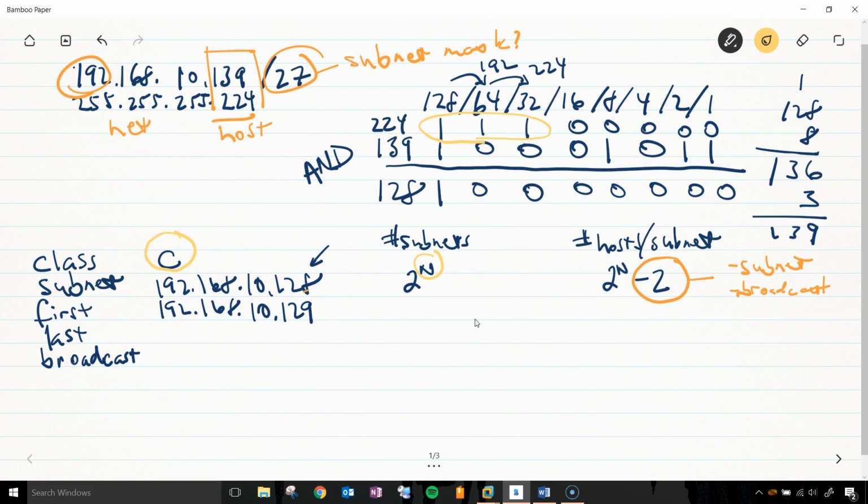A Class C has a default subnet mask of 255.255.255, which means all the bits after this, right here, are borrowed. We borrowed 3 bits for the network. Okay, so n is the bits borrowed. For the hosts, the n in 2 to the power of n is the number of host bits, the section right here. So that's the zeros that are remaining. These are host bits.